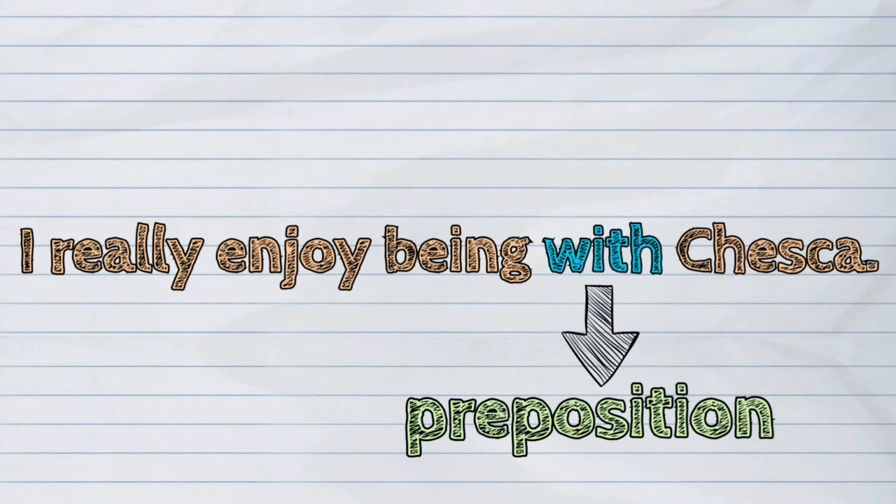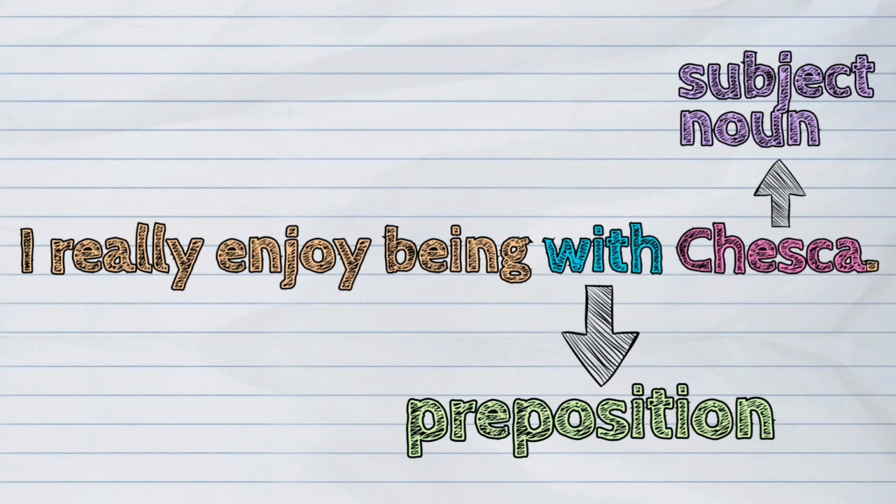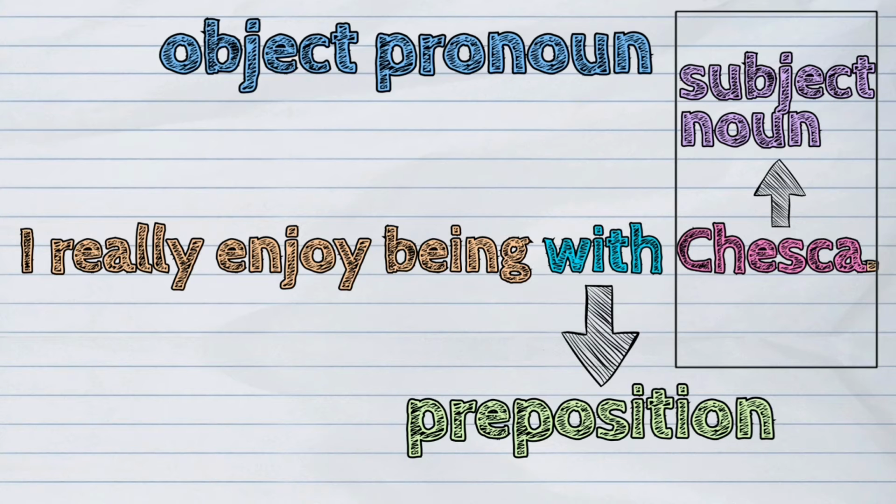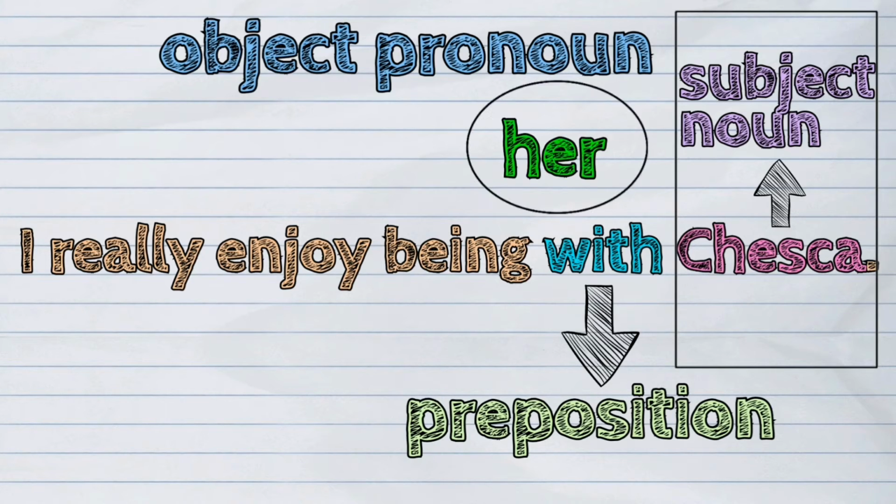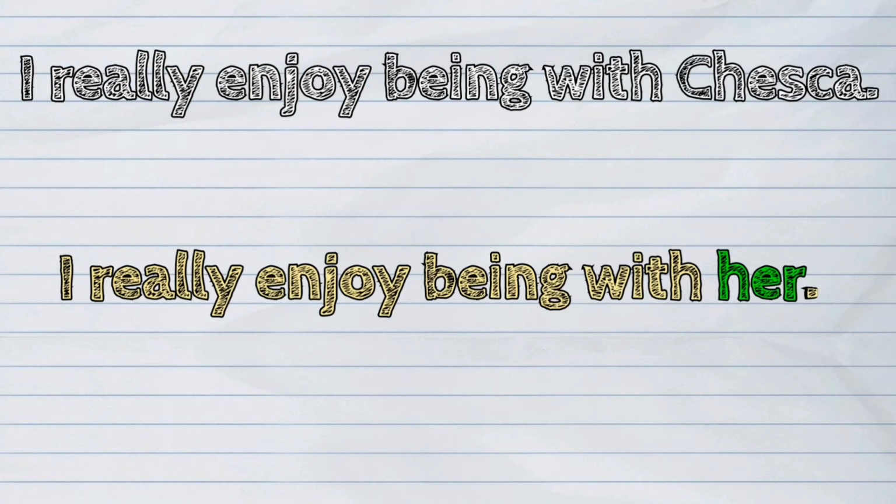So it means our object noun in the sentence is Cheska. If we replace this with an appropriate object pronoun, which is her, the sentence will now become I really enjoy being with her.